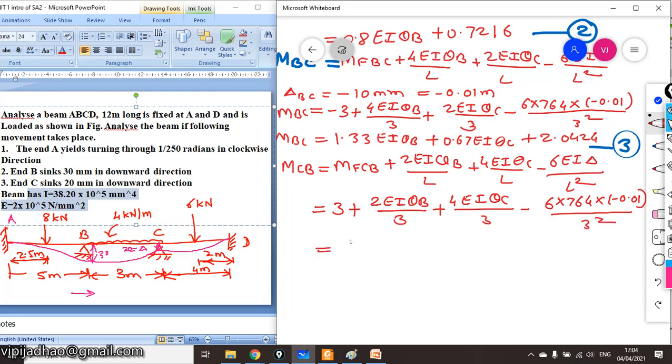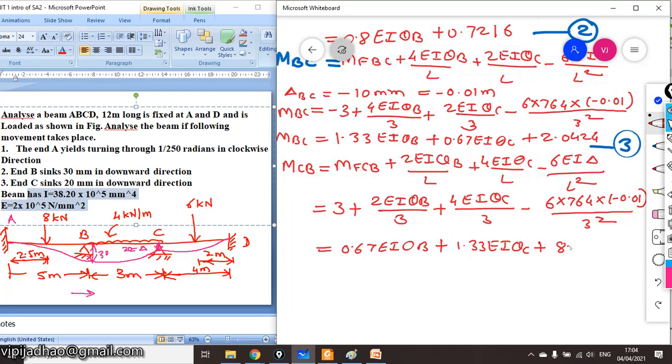So we get MCB as 0.67 EI theta B plus 4 by 3, that means 1.33 EI theta C, and add these two terms, that is 6 EI delta upon L square plus 3, so we will get it as 8.0424.